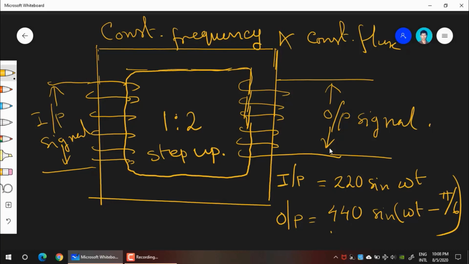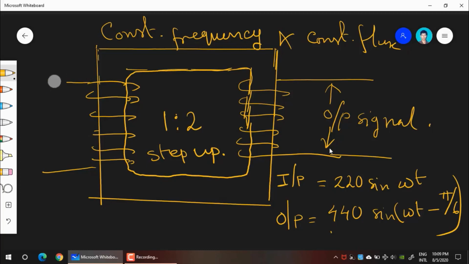what we can say, the more important question to be asked here is, how can you provide this input signal? You can't tell a transformer, now this is your input, you can utilize it.